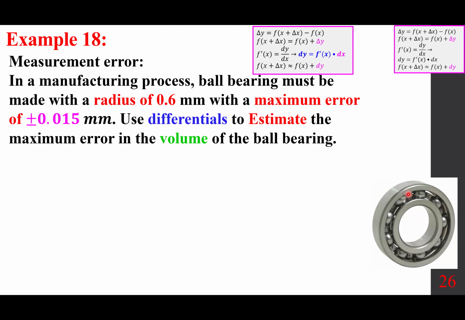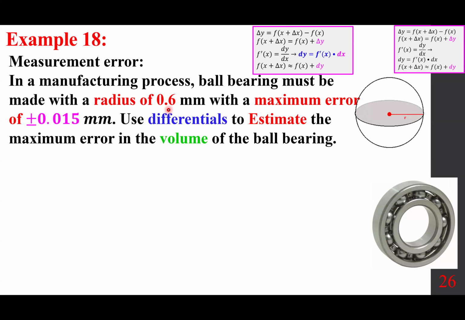The volume is supposed to have a spherical shape with a radius of 0.6. By the way, the volume is 4/3 pi r cubed. We should know that.